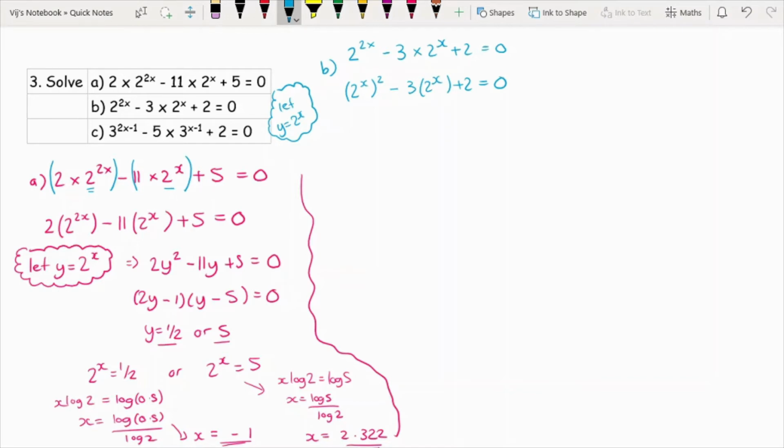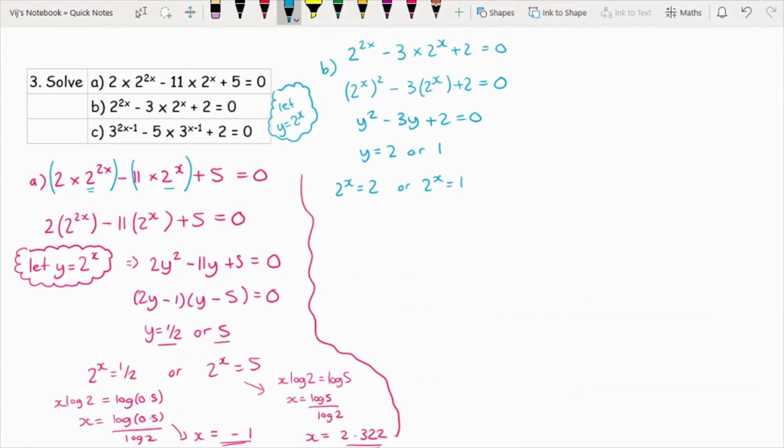So from this we've got y squared minus 3y, not squared, plus 2 equals 0. I then go on and see, does this factorise? Yes, so my two solutions are y equals 2 or 1. So from this I've got 2 to the power of x equals 2, or 2 to the power of x equals 1.